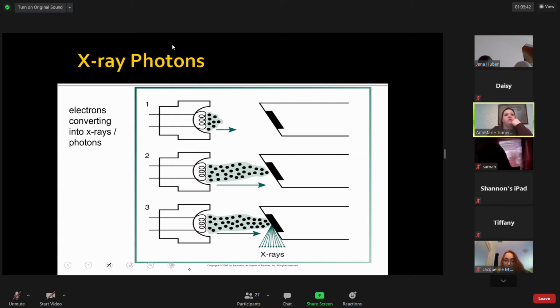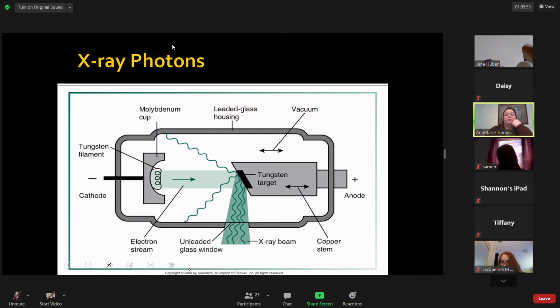Here it's showing how the electrons are being converted to photons. Again, you started at the cathode. That was negative. Electrons are coming from the cathode, so therefore it has to be negative because electrons have what type of charge? Negative.